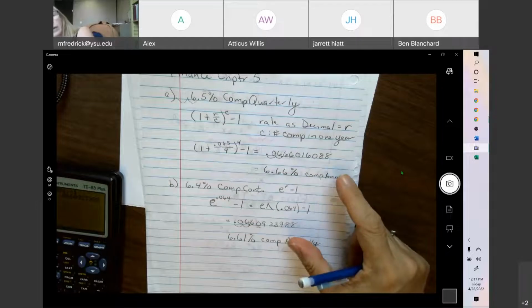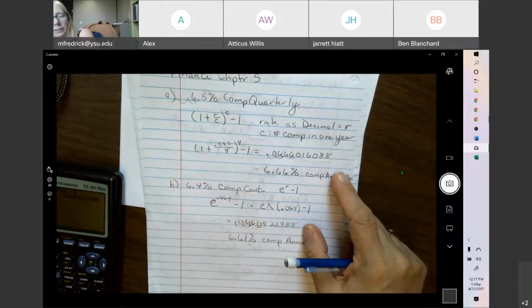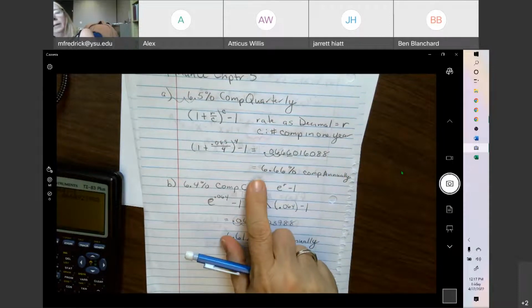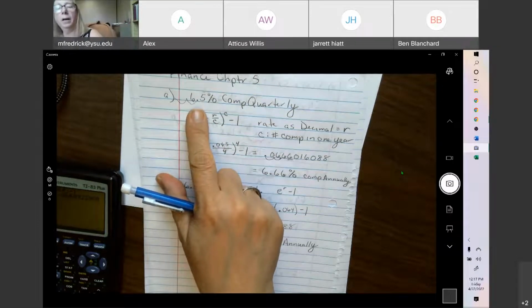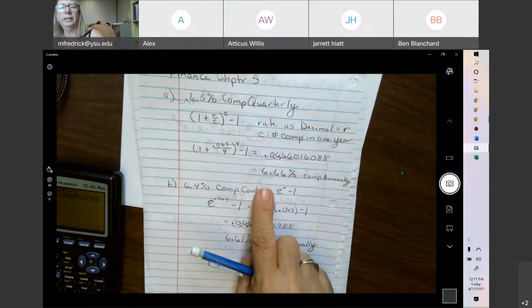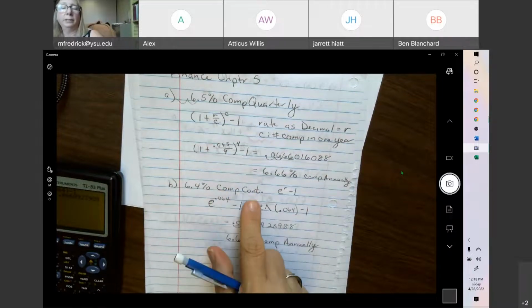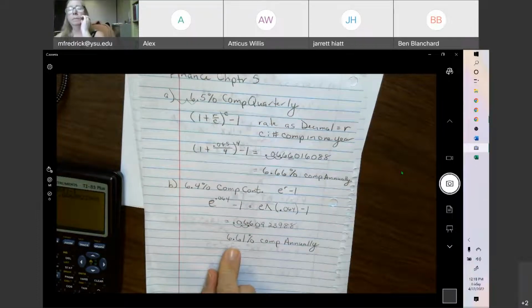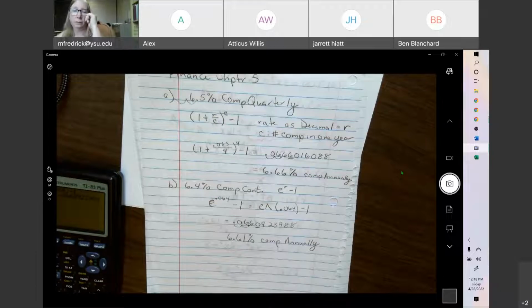So by finding the effective rate, we can actually compare the rates then. I mean, it's not too much different, but 6.5% seems higher. And actually it is even compounded quarterly. Although this is compounded continuously, it's still annually, it's still a little less. But you can better compare them.